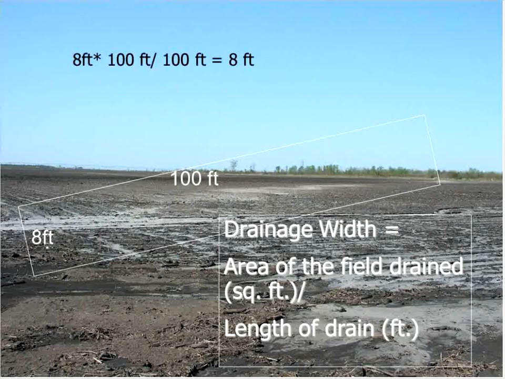It gets trickier when, for instance, you have just one drain. For instance, sometimes people will put one tile drain in a field, or they'll put one ditch in a field.